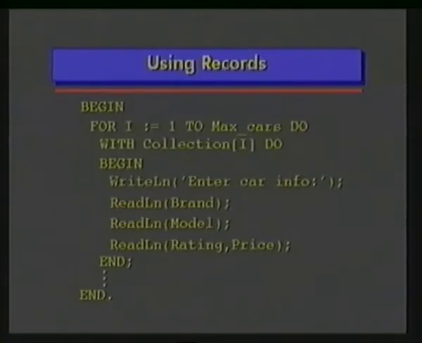The with statement is shown here, used in the body of a procedure that initializes the collection array of car records. Of course, even if we have less than 30 cars, if we use the code here, we'll have to initialize all 30 records in the array. The for loop requires it, so we may prefer to code this using a repeat until or while do loop.